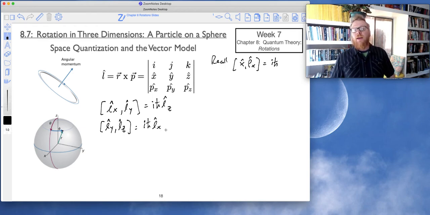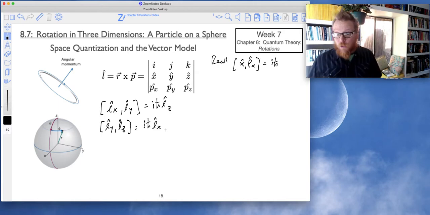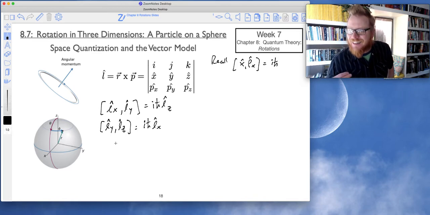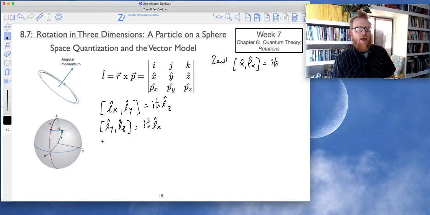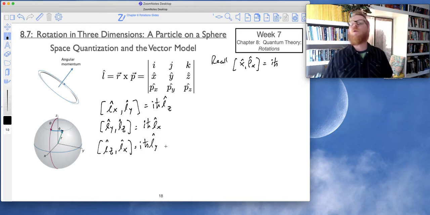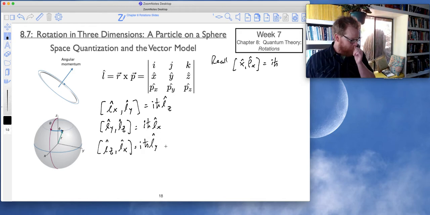So now, if I try to specify with great precision the projected length of orbital angular momentum in the y or z dimension, I have uncertainty in the x dimension. And of course, finally, if I do this for the last pair, which would be Lz and Lx, I'm now going to have uncertainty in the y dimension. Okay?